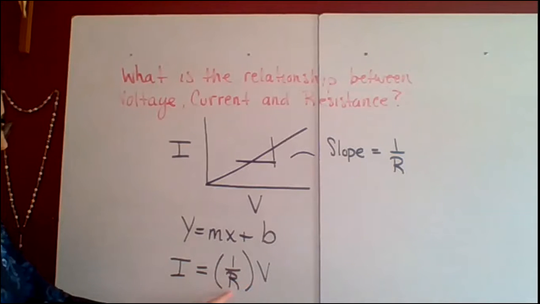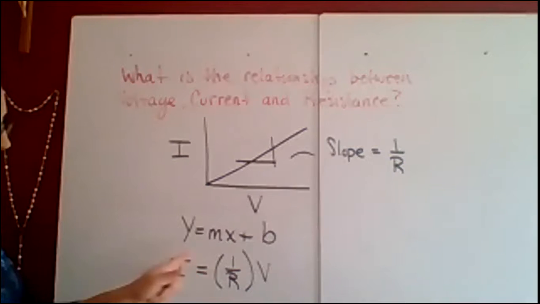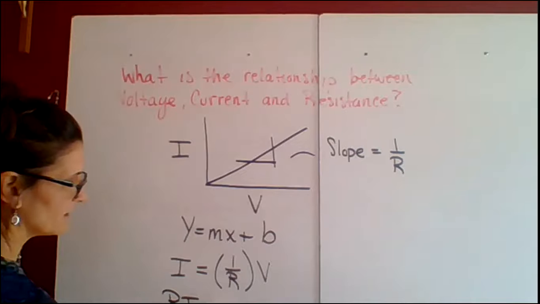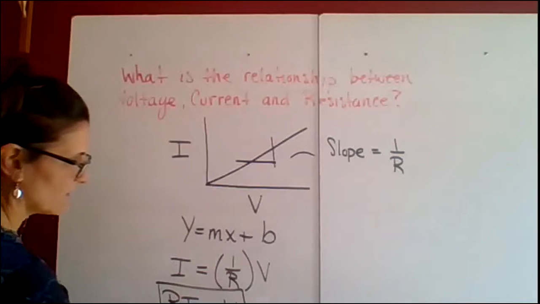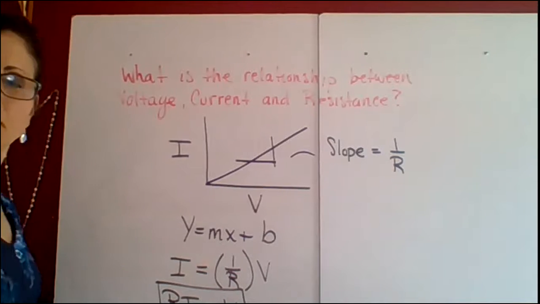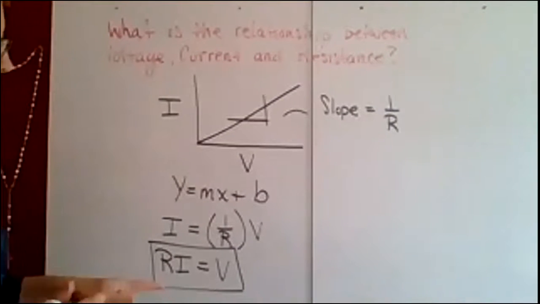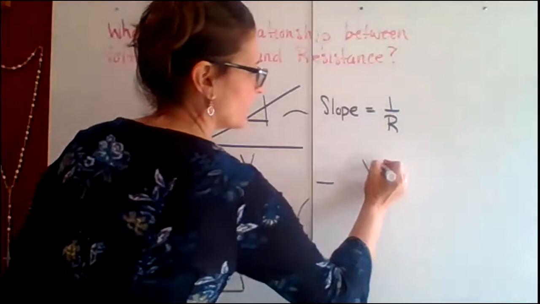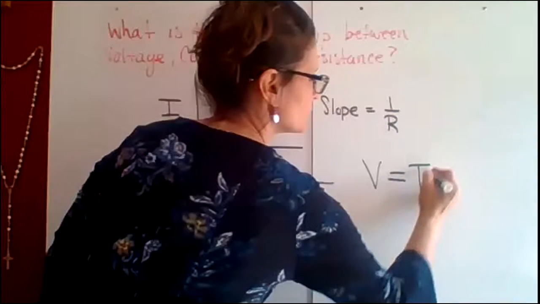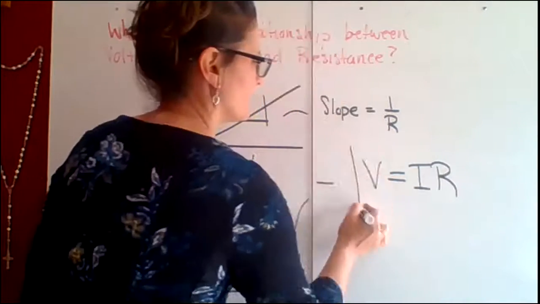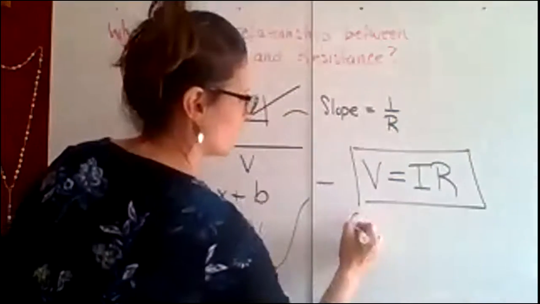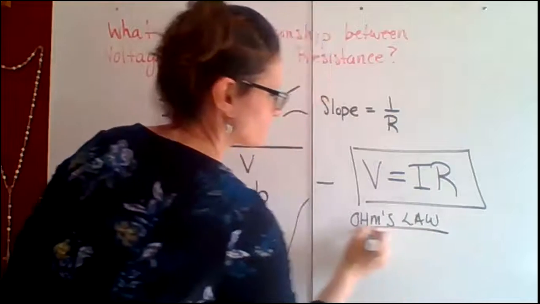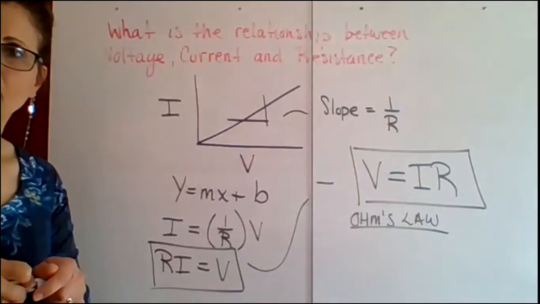Multiplying both sides by R, you get R times I equals V. That is what is shown in the data you collected in this lab. Rearranging that, we typically write it as V equals IR. This is known as Ohm's law. V equals IR.